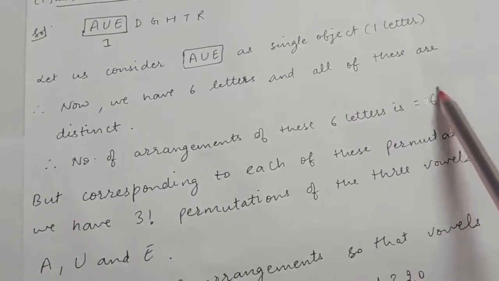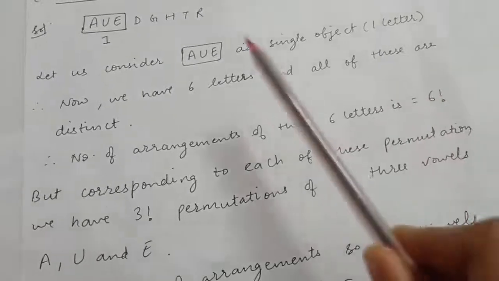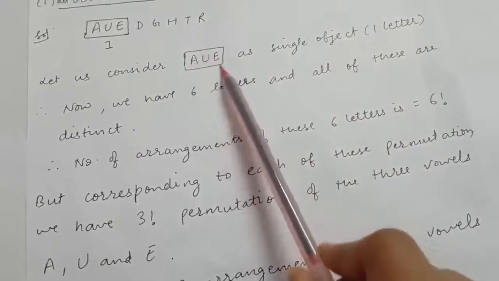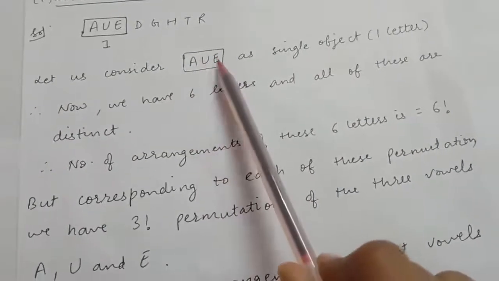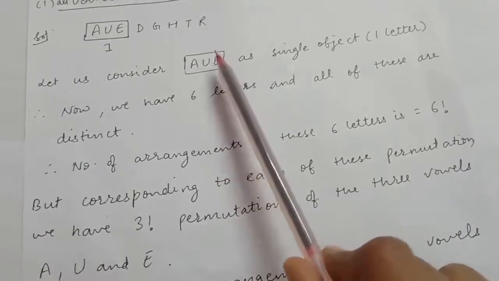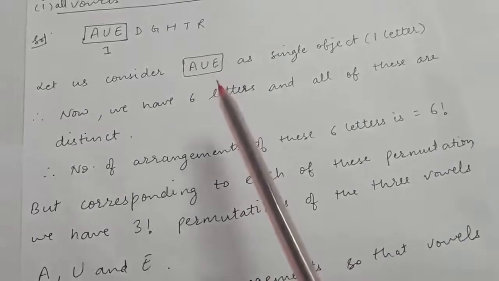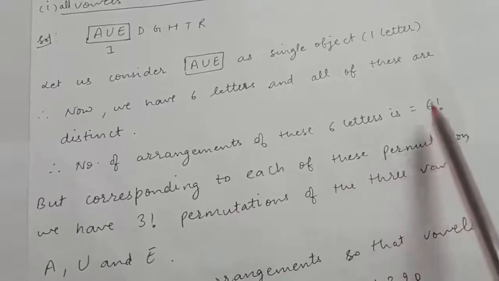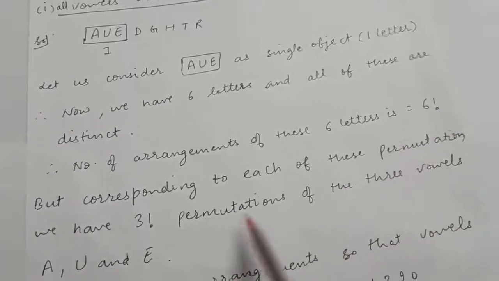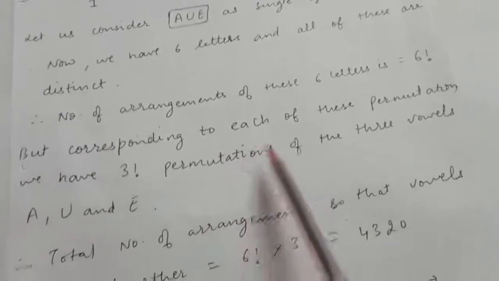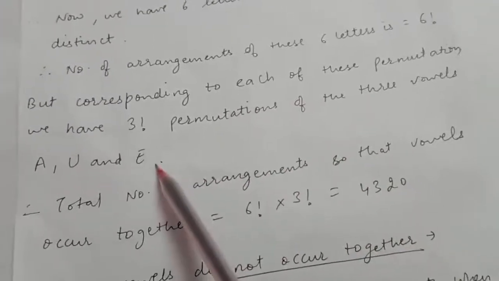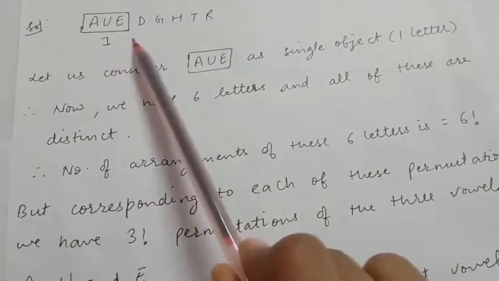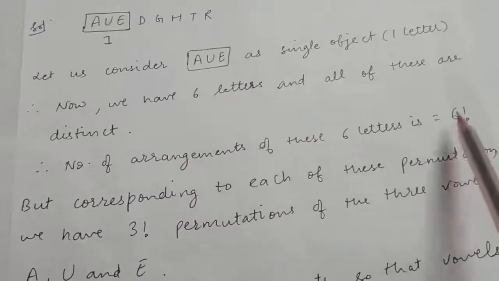Now see, in all of these 6 factorial ways, this AUE, which we treated as one letter, actually contains 3 letters, and all these 3 letters are different. So these can be arranged in 3 factorial ways, right? Corresponding to each of these arrangements, we have 3 factorial permutations of the 3 vowels A, U, E. First, treat the vowels as one letter; now we have 6 different letters which can be arranged in 6 factorial ways.